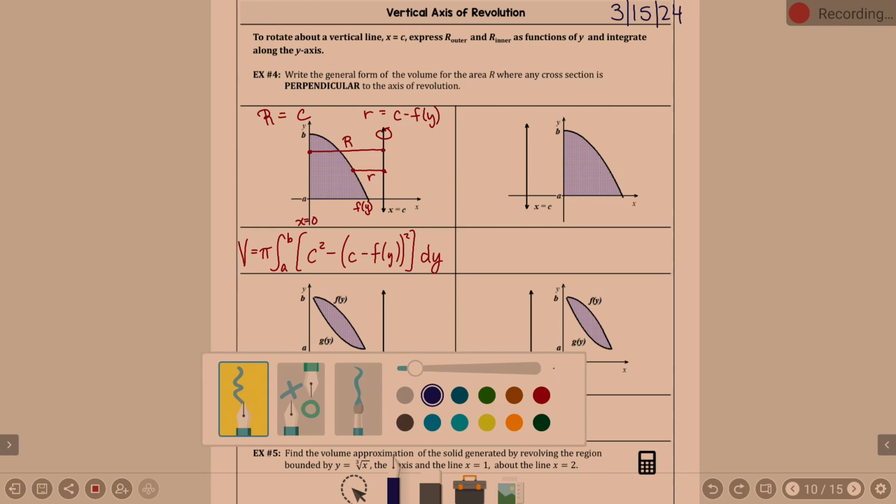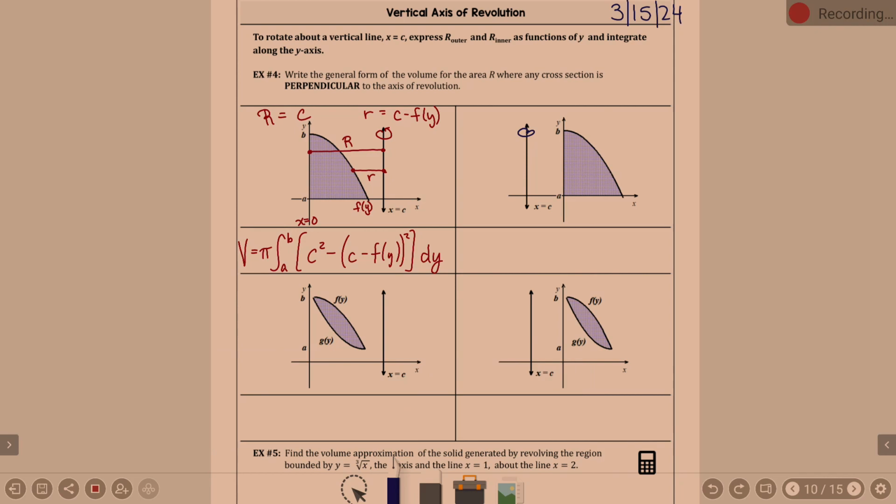Okay, next one. This time, x equals c, so here is our rotation line. What about big R? From the curve to x equals c.